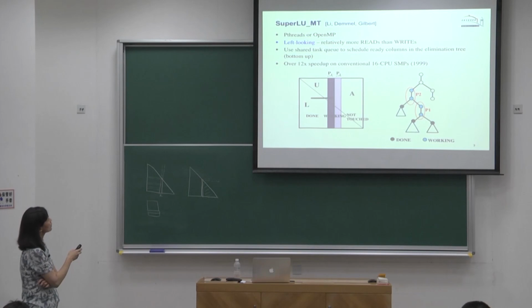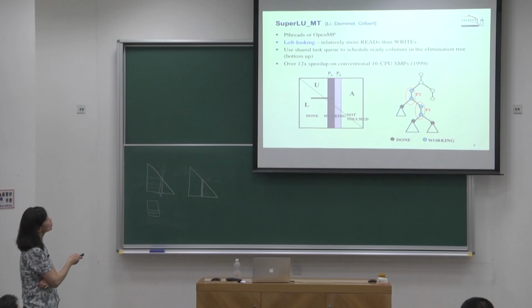So for the shared memory machine, it's relatively easy. The algorithm is left looking, and the whole matrix is available. Every process could see this matrix, okay? So in this picture, say 2 processes. One process will take one panel of the matrix, and a second process will take another panel of the matrix to do the factorization. It's a left looking scheme, so this process only needs to take all the part of the matrix finished here, and then accumulate the update here.